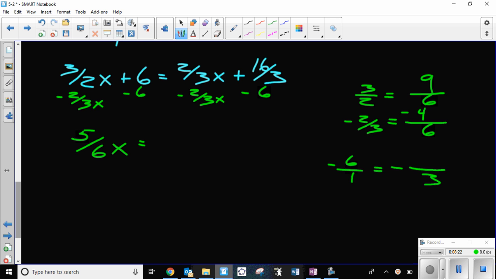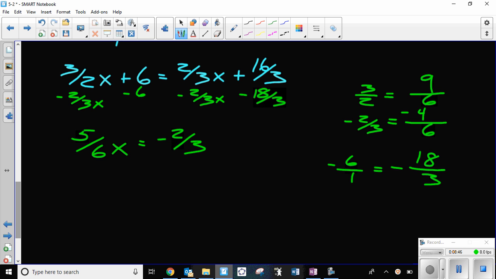So times top and bottom by 3, it's going to get me 18/3. And I'm going to take that, I'm going to replace this minus 6. That way I know I'm just subtracting now 18/3 from that. And that will give me a negative 2/3.